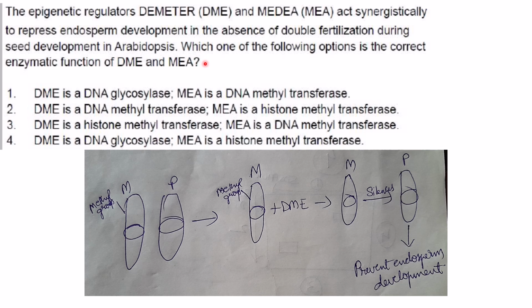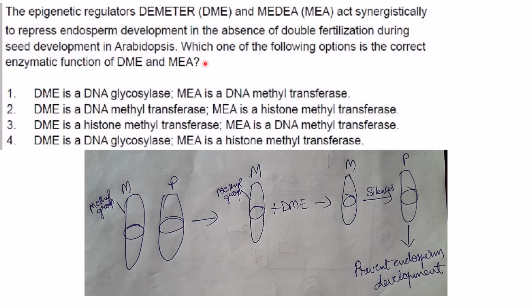That is what you have learnt generally with the case of development of endosperm in plants. Now there are some cases where the endosperm develops even without double fertilization. That phenomenon is called autonomous endosperm development. Okay, autonomous endosperm development.